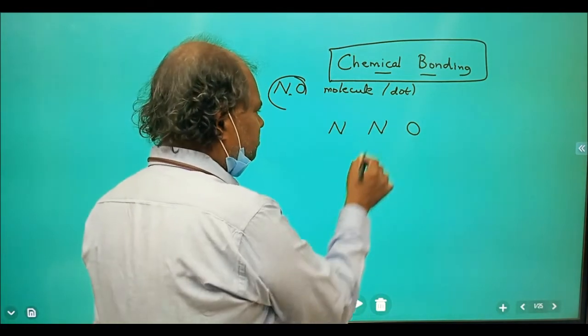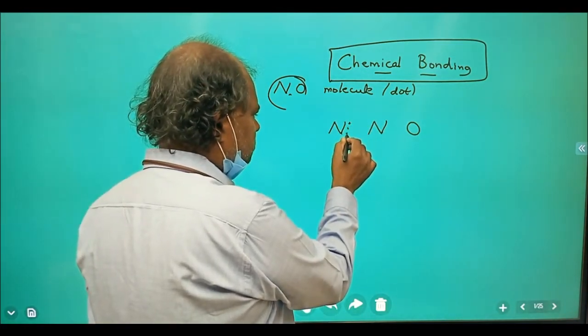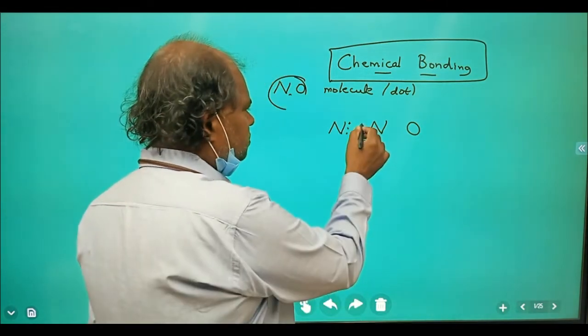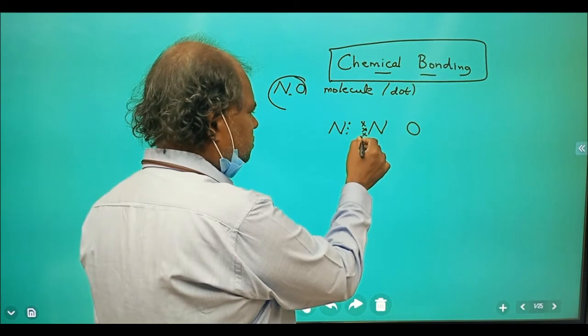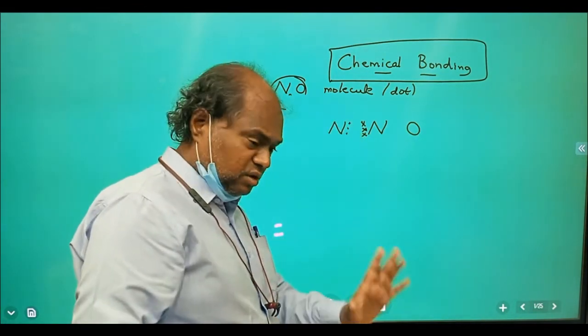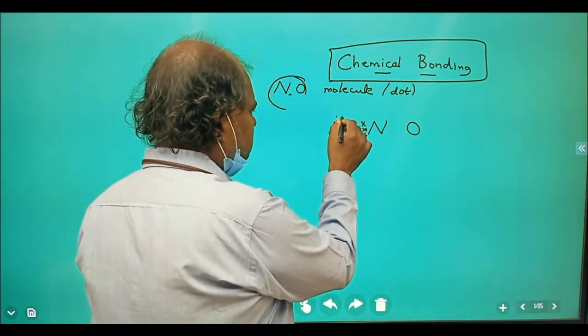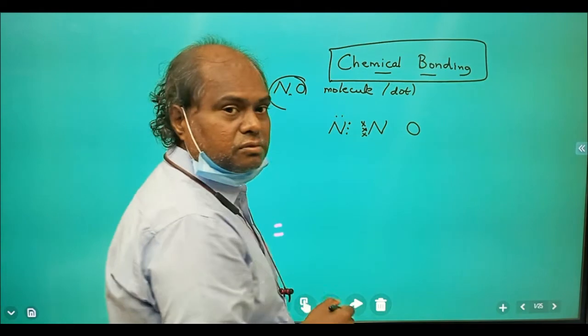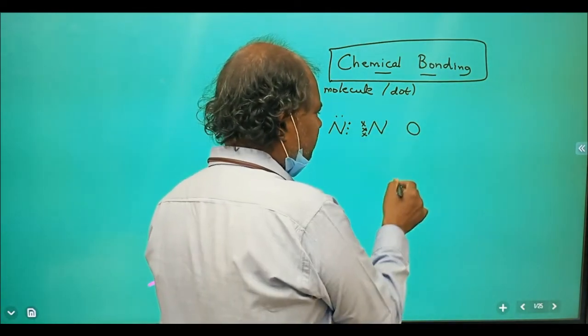Now you show the dot diagram. Dot, dot, dot. Correct? Cross, cross, cross. Correct? Now students, nitrogen has got how many valence electrons? You will see only the valence electrons, right? 5. Correct? Now here also you draw 5.